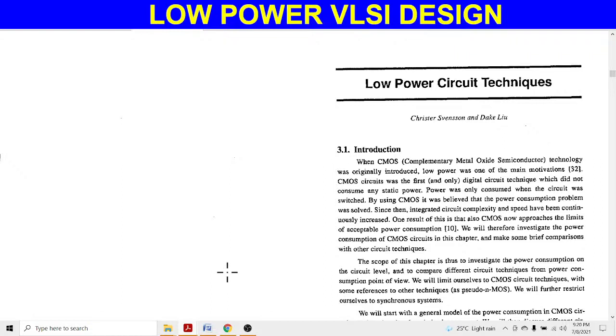This is also one of the reasons for power dissipation. Because of that, the CMOS circuit gets its limit for acceptable power dissipation.